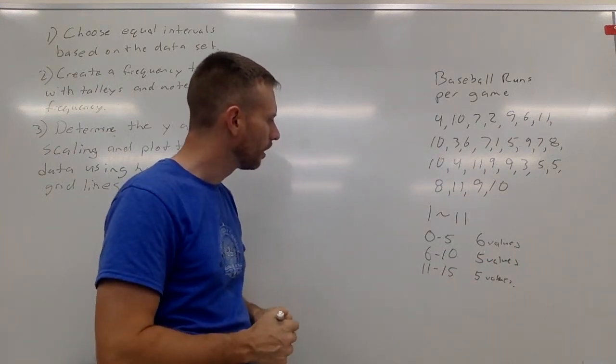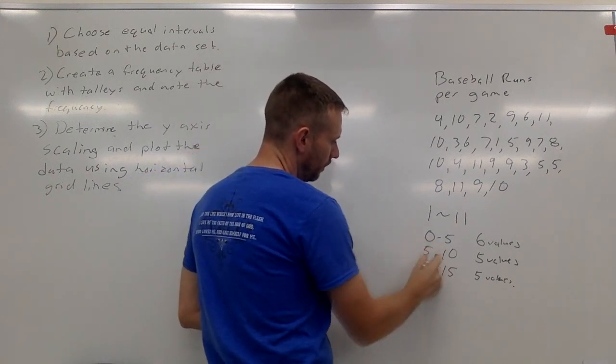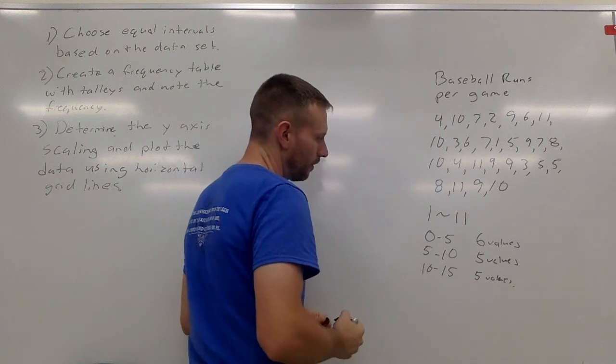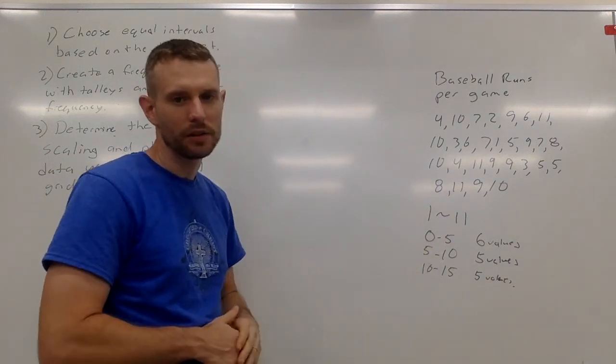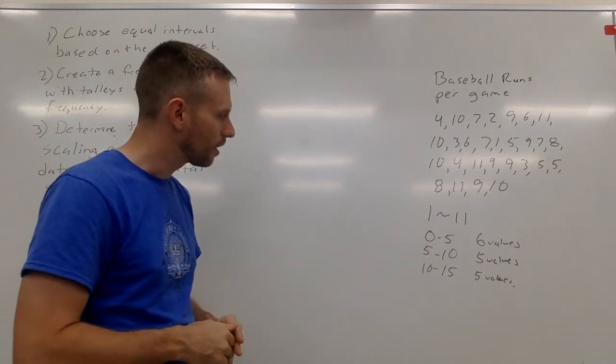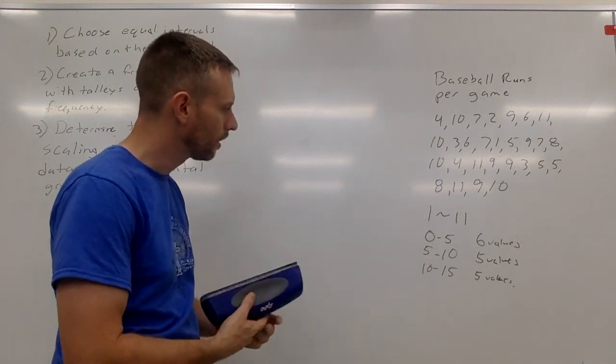Also, you'll notice I don't have 0 to 5, and then 5 to 10, and then 10 to 15, because then there's an overlap of the 5s and the 10s, right? So that's also not a good way to do it either.